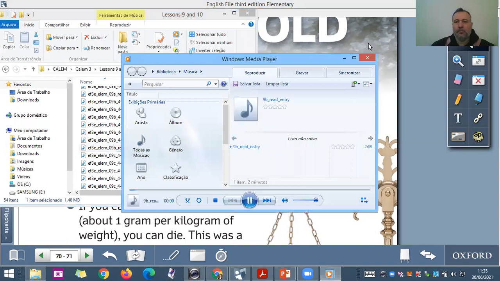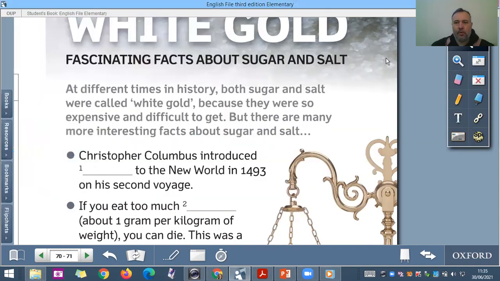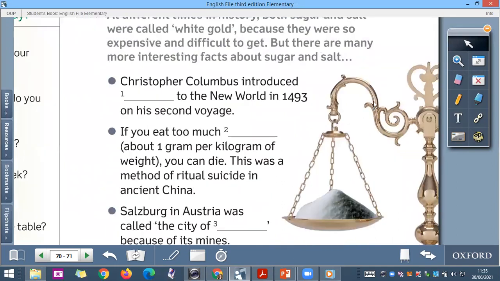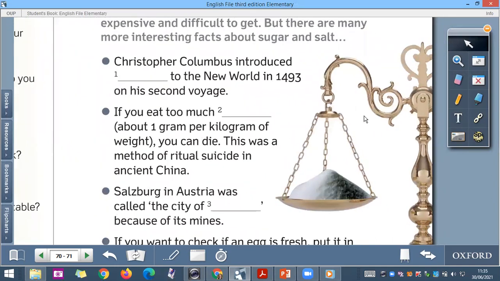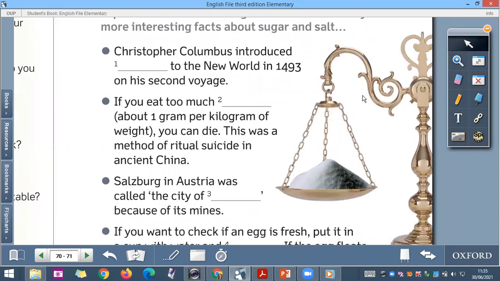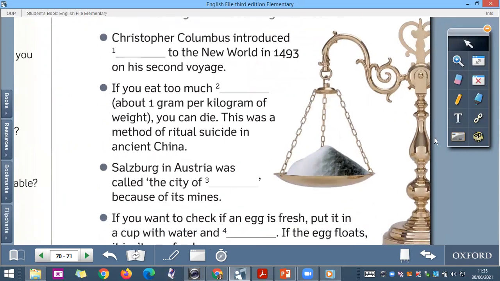At different times in history, both sugar and salt were called white gold because they were so expensive and difficult to get. But there are many more interesting facts about sugar and salt. Christopher Columbus introduced to the New World in 1493 on his second voyage. If you eat too much, about 1 gram per kilogram of weight, you can die. This was a method of ritual suicide in ancient China.